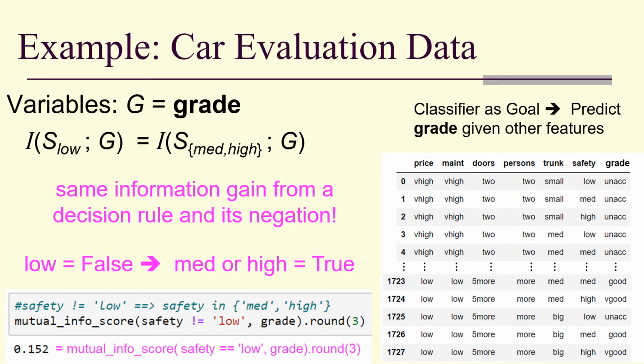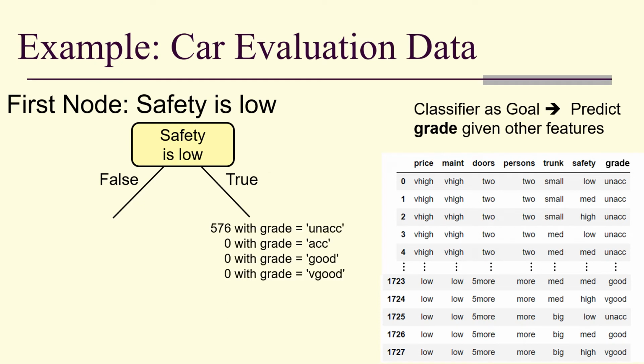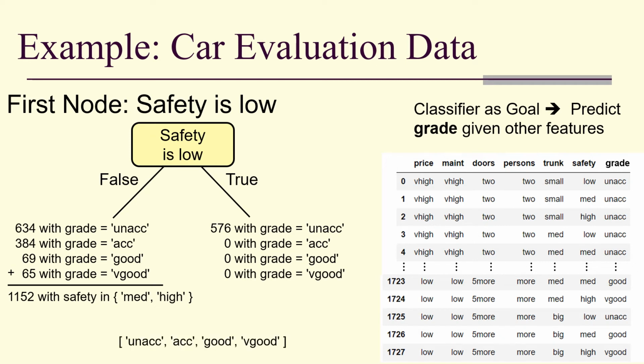So if we've got a mutual information score for safety being low, so our first node is that safety is low. And notice that our true leaf is 576 unacceptable. The rest are 0. But here we have a mixture of unacceptable, acceptable, good, and very good. 1152, where safety is medium or high.